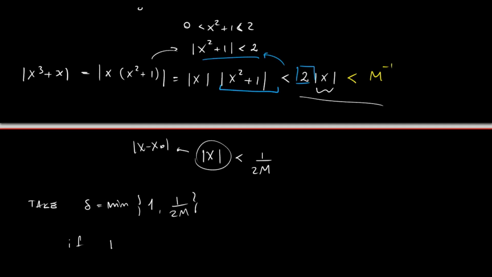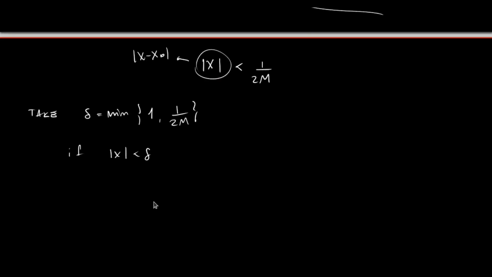So if the absolute value of x minus 0 is smaller than delta, then we can start to prove that x to the power 3 plus x is actually bounded by 1 over m. This is equal to the absolute value of x times the absolute value of x squared plus 1.